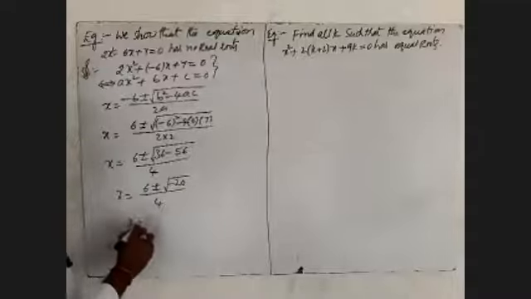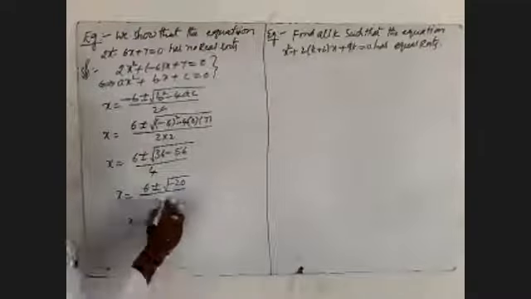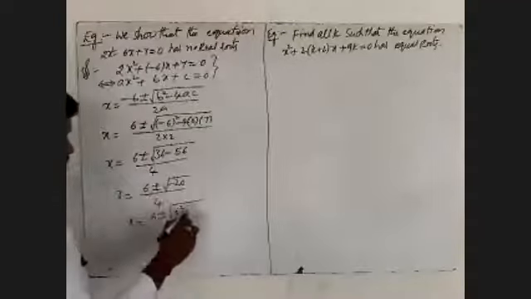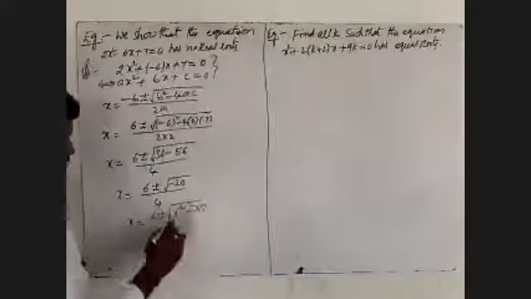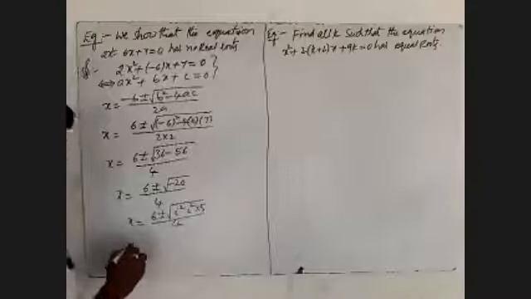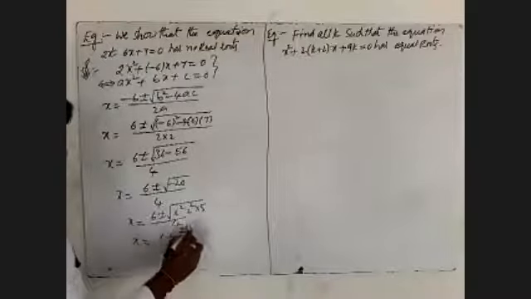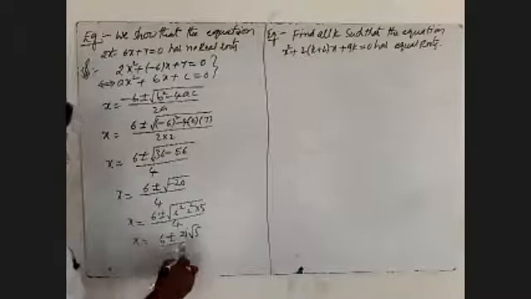We write root of minus 1 as i, and 20 as 2 square into 5, so x is equal to 6 plus or minus 2i root 5 by 4.